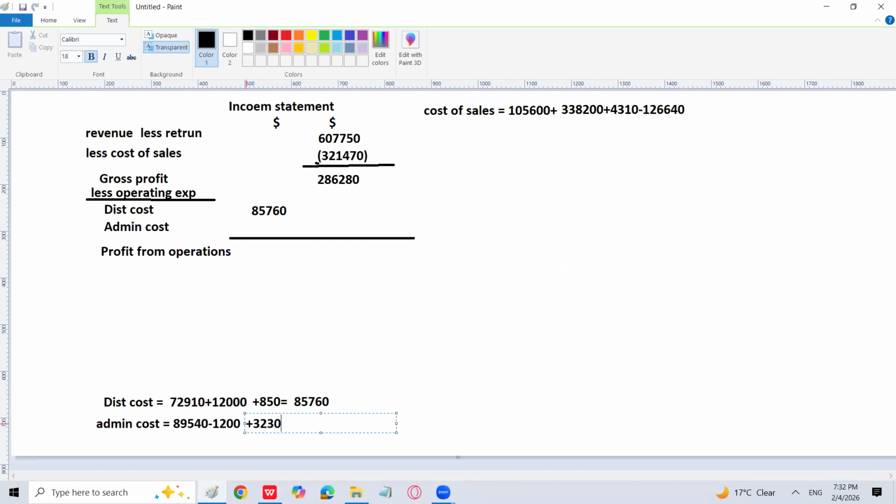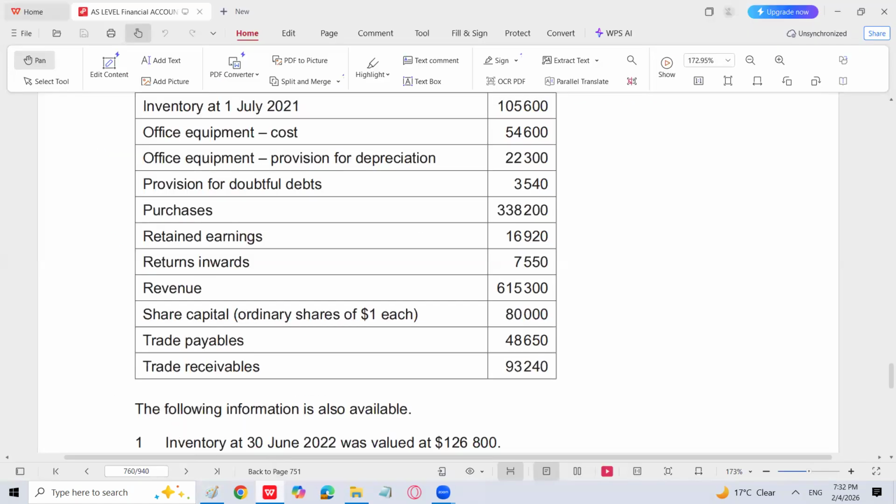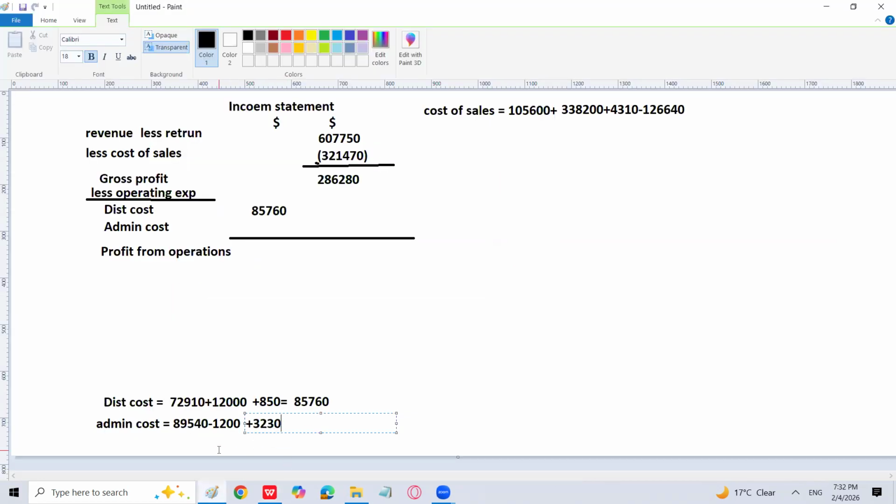I will add 3230 in admin expenses. Why? Because office equipment is used in the admin department, right? As it is reducing balance method, we get the depreciation on office equipment to be added in admin expenses.